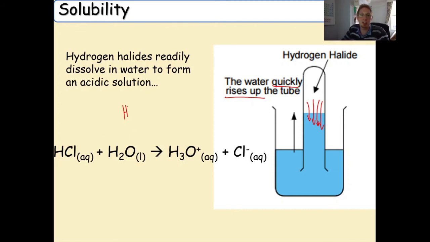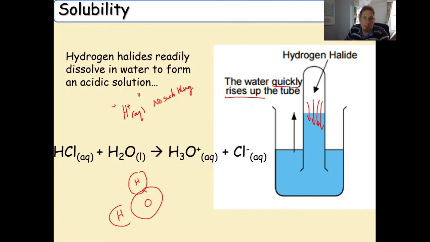There is no such thing actually as H+(aq). The hydrogen, the proton, is unstable by itself. What you actually get is what's called the hydroxonium ion, where the oxygen is bonded to 3 hydrogens like that.